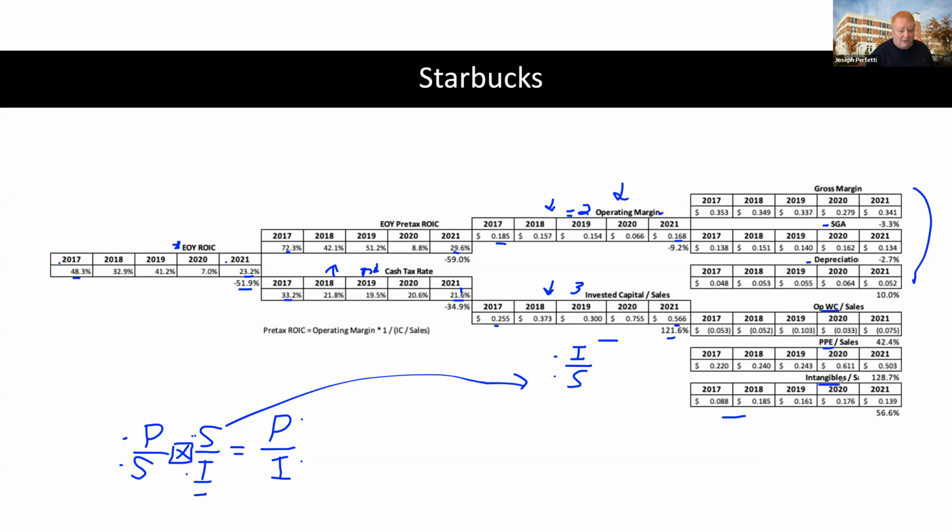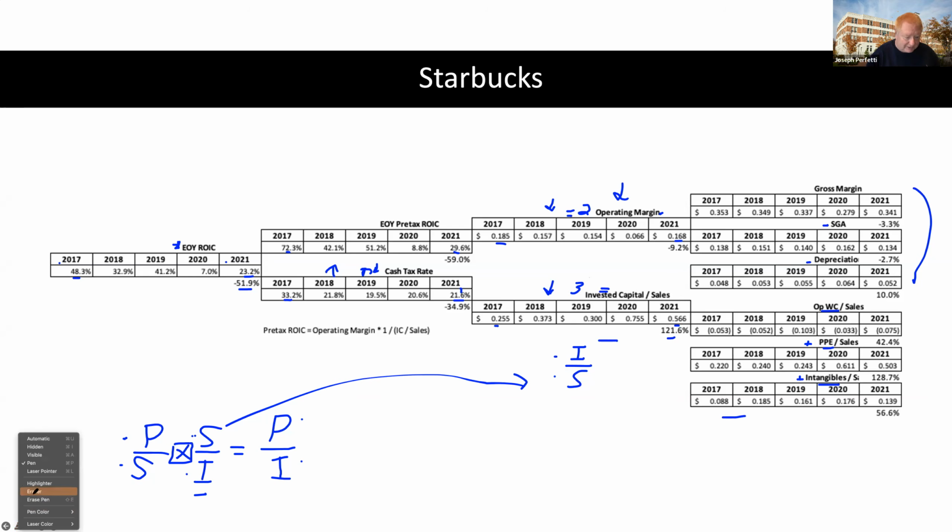Intangibles occur when a company purchases the intangibles, translate goodwill, from somebody else. Okay, so working capital plus PP&E to sales plus intangibles to sales. You add these three things up, you get invested capital to sales. So those are the three parts of invested capital.